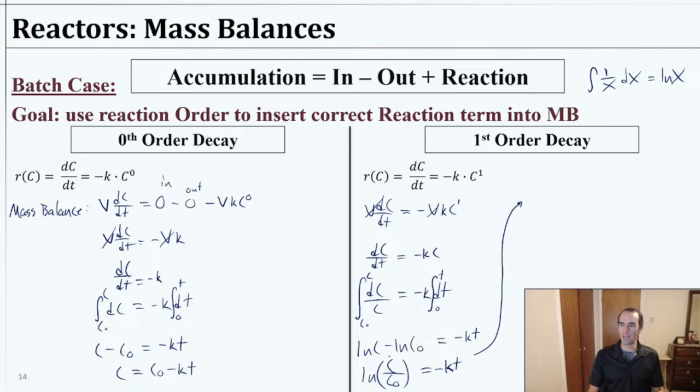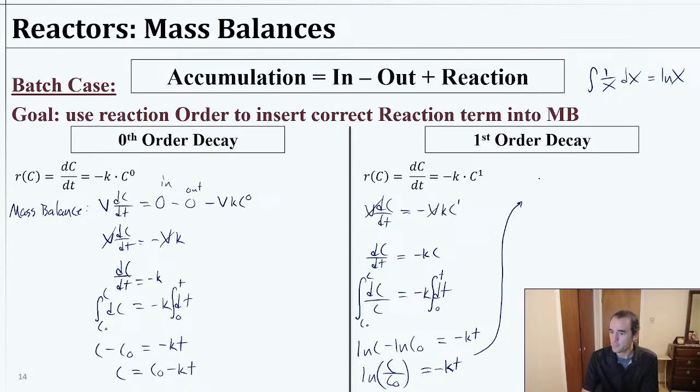Once we have it integrated, it doesn't matter to me what you're solving it for, so long as you're solving for what you need. Maybe you solve for k. In fact, it would be easier here to just go ahead and divide by negative t, and then you find your k. So you're going to have to do this with mass balances. I'm just showing you a mass balance process that gets us to a typical endpoint. But the whole point of a mass balance is to solve for whatever piece you need within it.